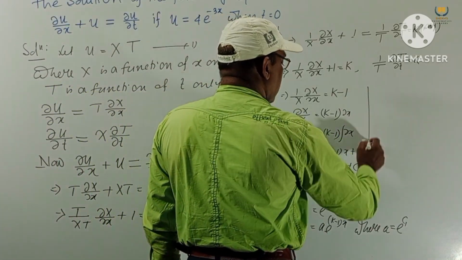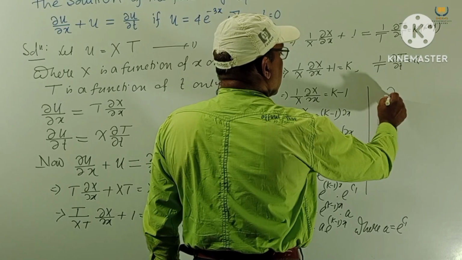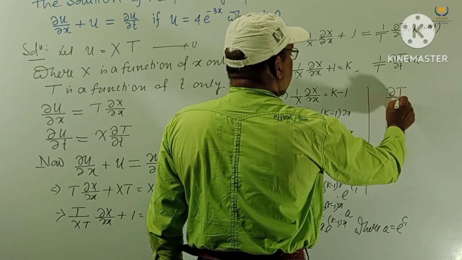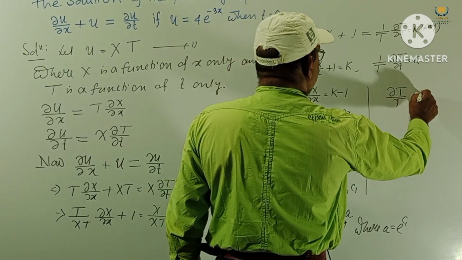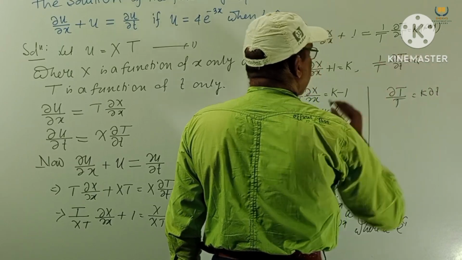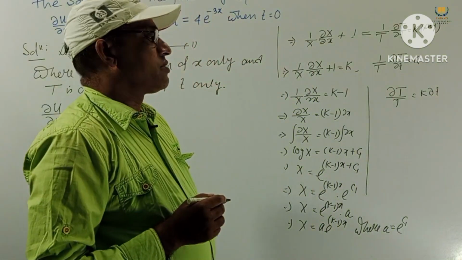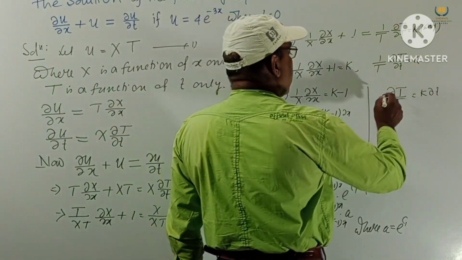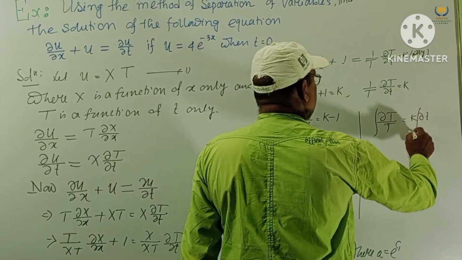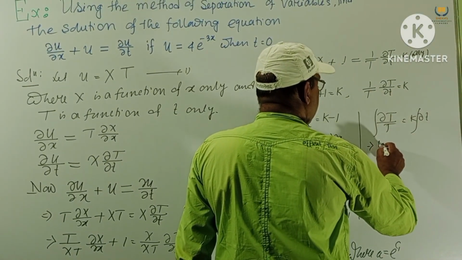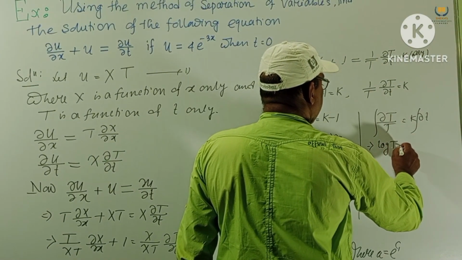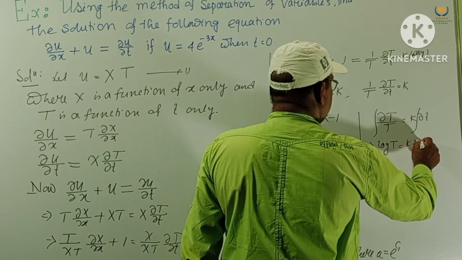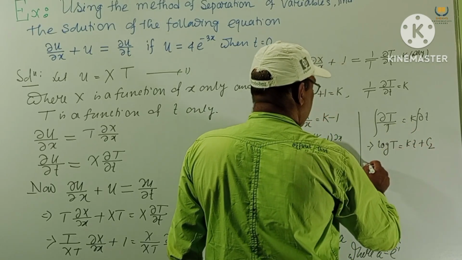We get this one. Next, this one, ∂T/T = k ∂t. If we integrate both sides, then this is log T = kt + c2.